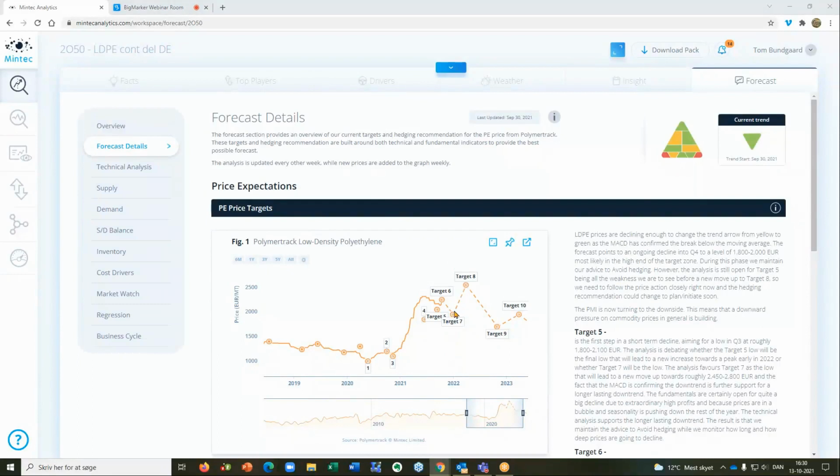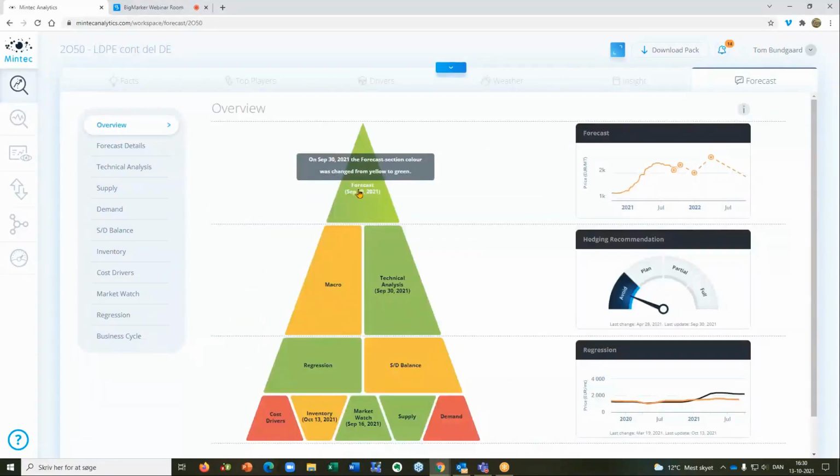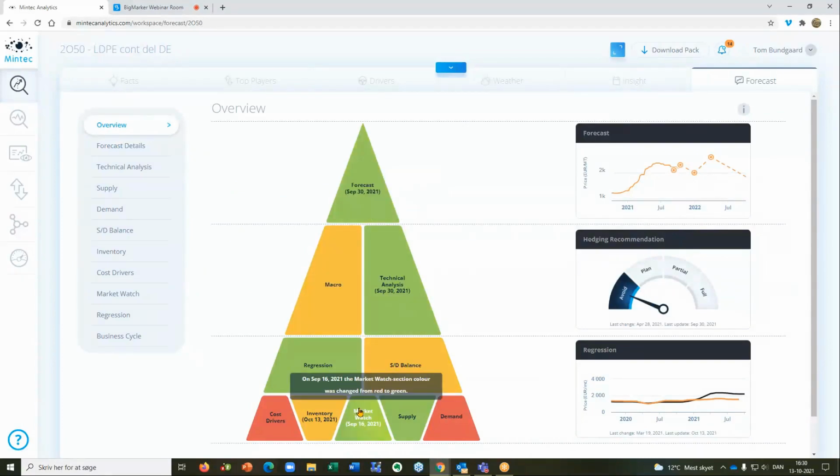But as you can see, the structure is exactly the same. You have a 3-second view, you have a 3-minute view, and you can dive into all of these. And you only need to go into those when you really have to make a commitment, make a long hedge. Whenever you need, this data is here and ready for you to dive into.